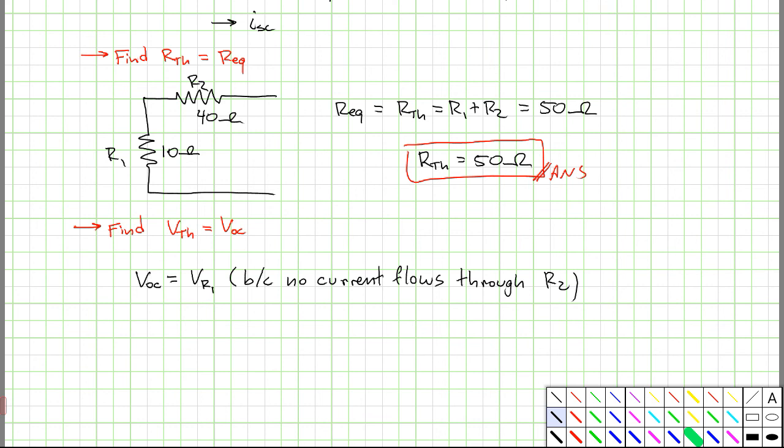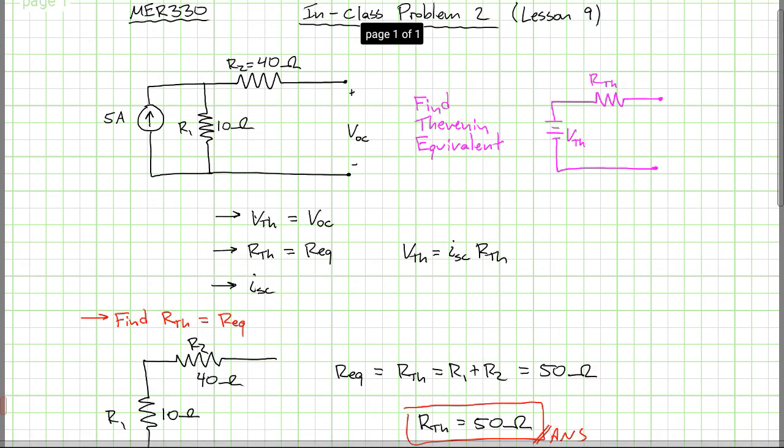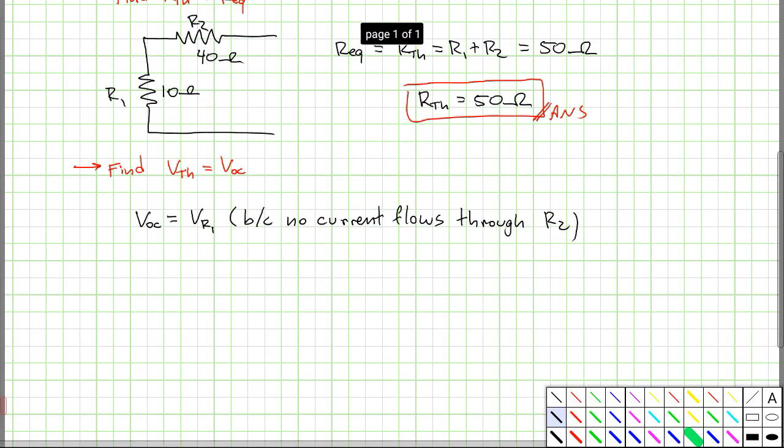And since no current flows through R2, all the current generated by the source has to go through R1. So this actually becomes really easy, right? The voltage across R1 is just V equals IR. So VR1 is equal to the source times R1 in this particular case, right?